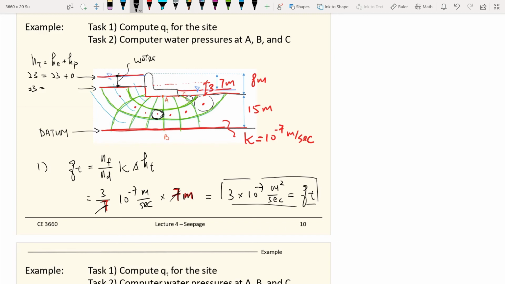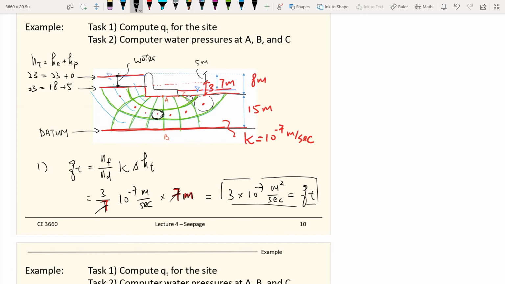So you're feeling the water pressure. At this point, from this point to here, we know this is 3 meters. So this point is 5 meters right there. So the elevation head becomes 18 meters, and the potential head is 5 meters.